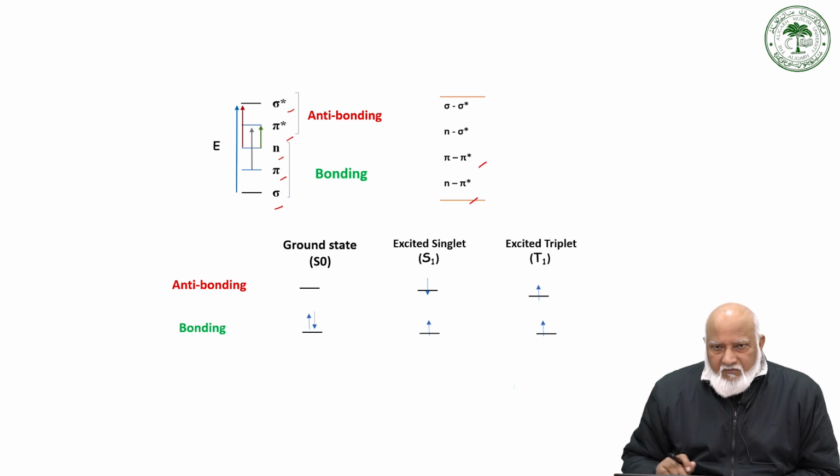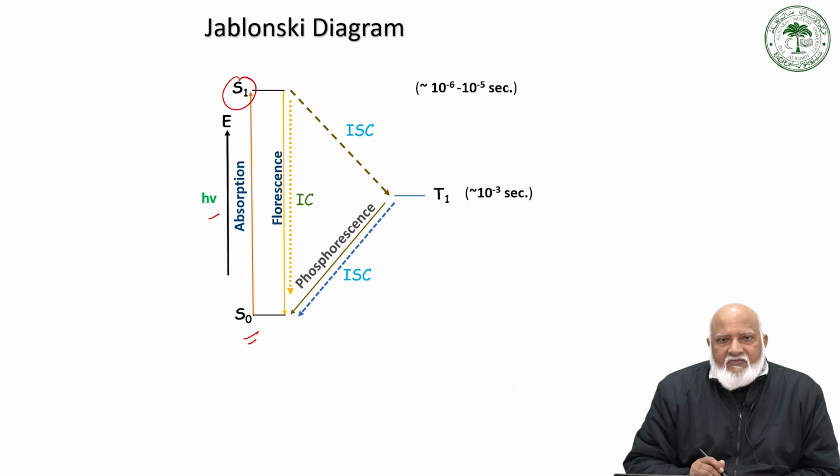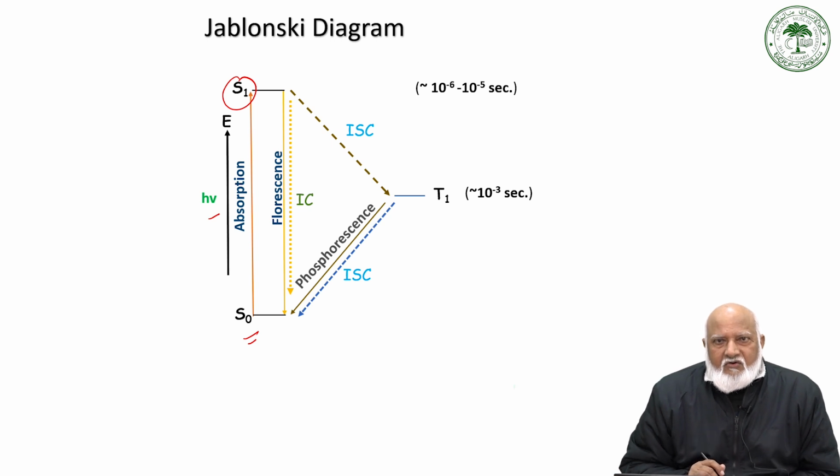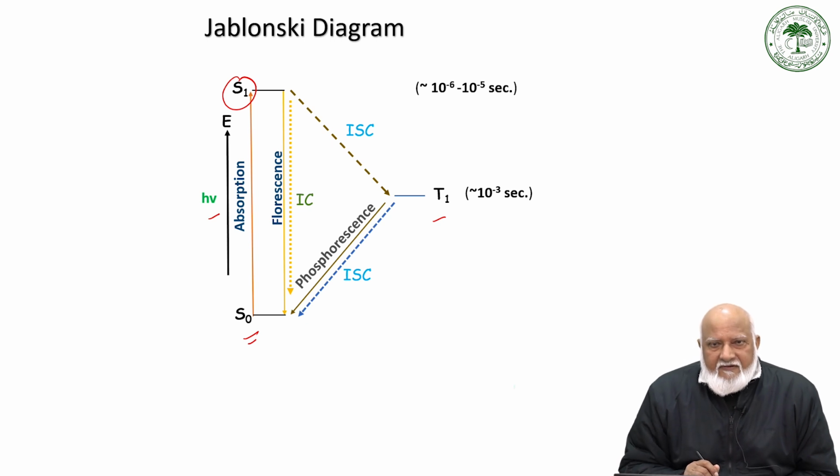The molecule on absorption of light goes to an excited state. Say for example, a molecule in the S0 state on absorption of light goes to an excited singlet state. These excited singlet states are high energy species, can undergo different radiative and non-radiative processes, or can come back to a lower energy excited state, that is triplet, the T1 excited state.